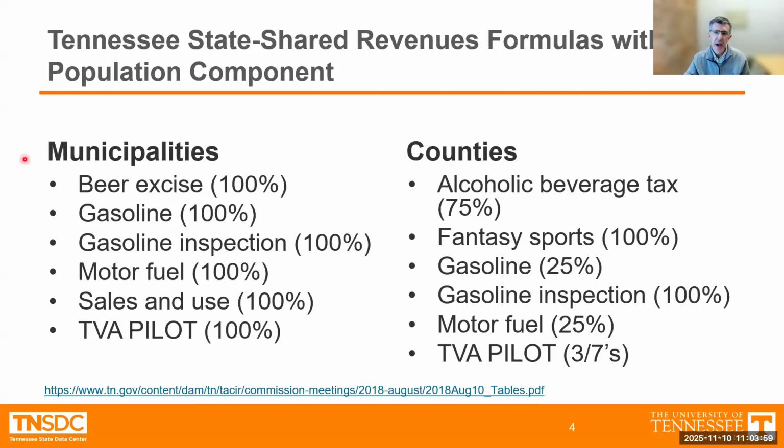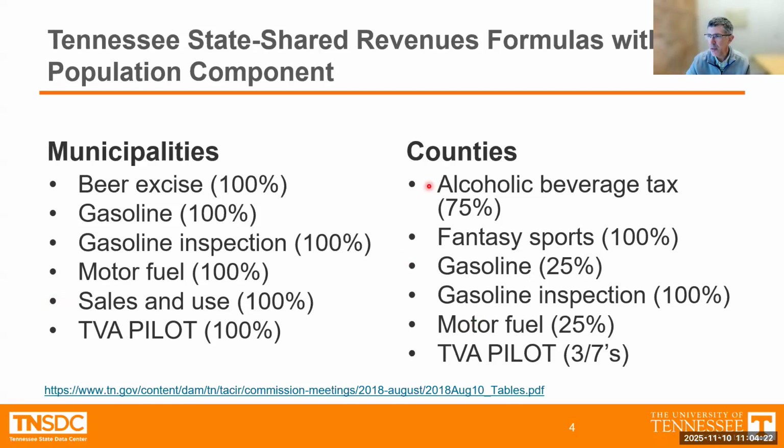This just gives you an idea of how population factors into sharing revenues. So let's just start with the big one that everyone's aware of, sales and use tax. 100% of the portion of revenues shared with municipalities is based on population. So it's essentially a per capita distribution of that revenue, entirely based on population.